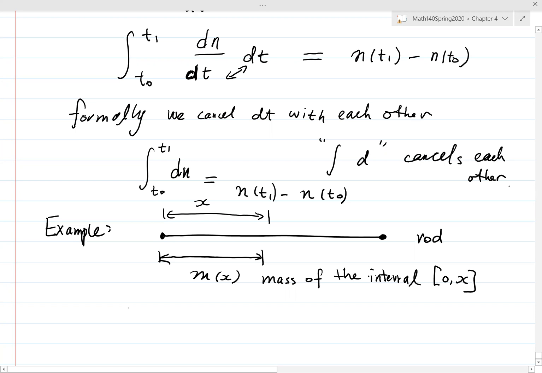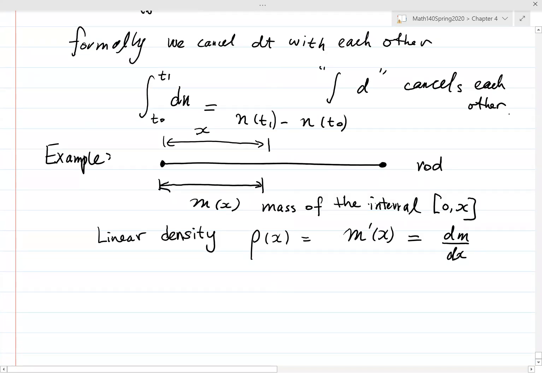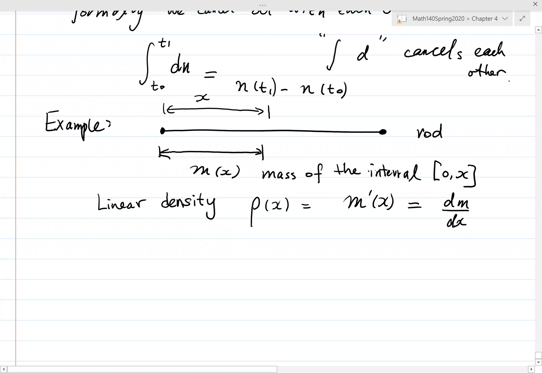Then we have the linear density. Linear density rho(x) is defined as the change rate of m, m prime of x, or you write it as dm over dx. Then if we integrate the linear density from a to b, this gives the mass of the rod for the part a to b.